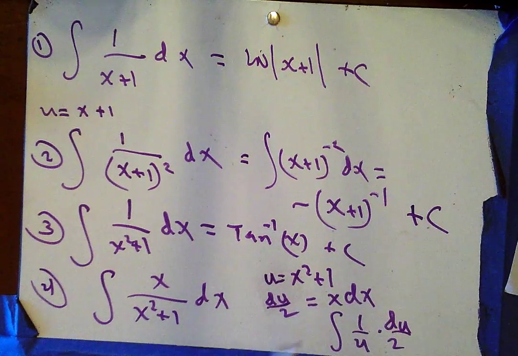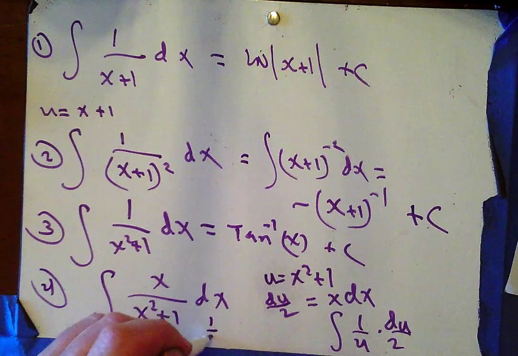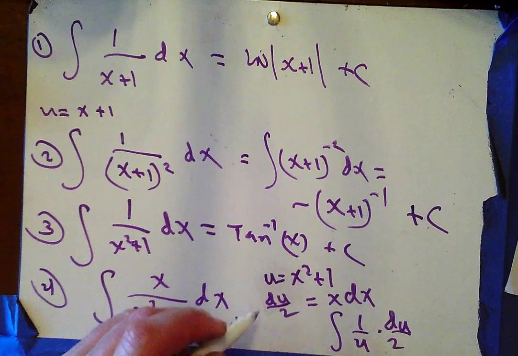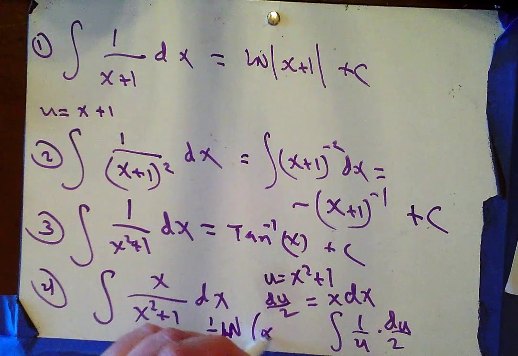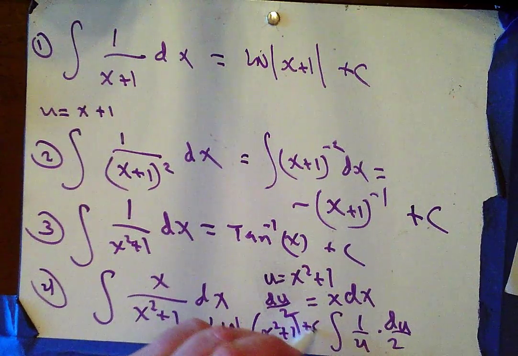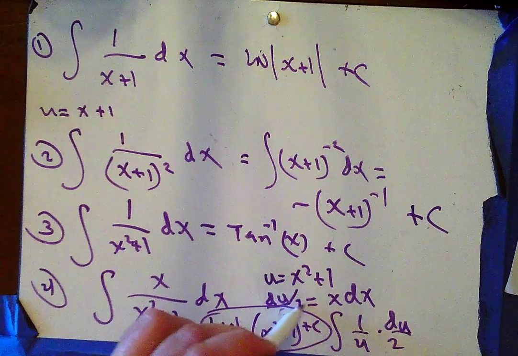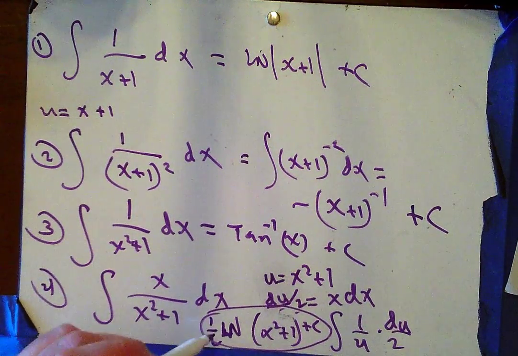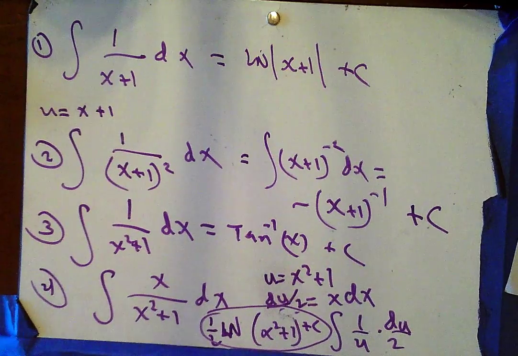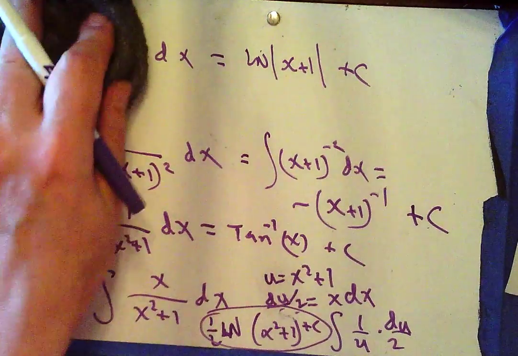And so for me, this will end up being 1/2 ln of x squared plus 1. Don't forget the plus c. Here's my antiderivative there. Yes, you could bring that 1/2 up and turn it into a square root if you wanted to, but I'm not going to.